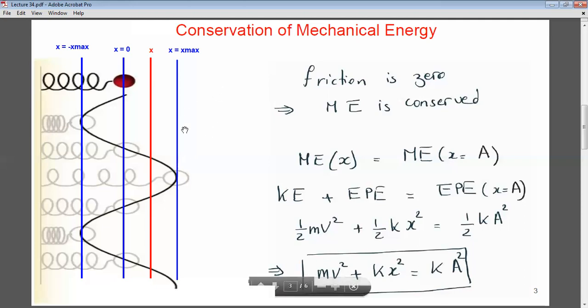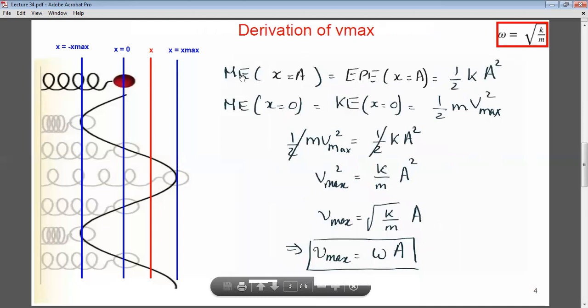Now, in the special case when x equal to 0, what will happen to kx squared here? It will disappear, and I will have mv maximum squared equal to ka squared. So, mechanical energy at x equal to A equals EPE at x equal to A, which is half ka squared.